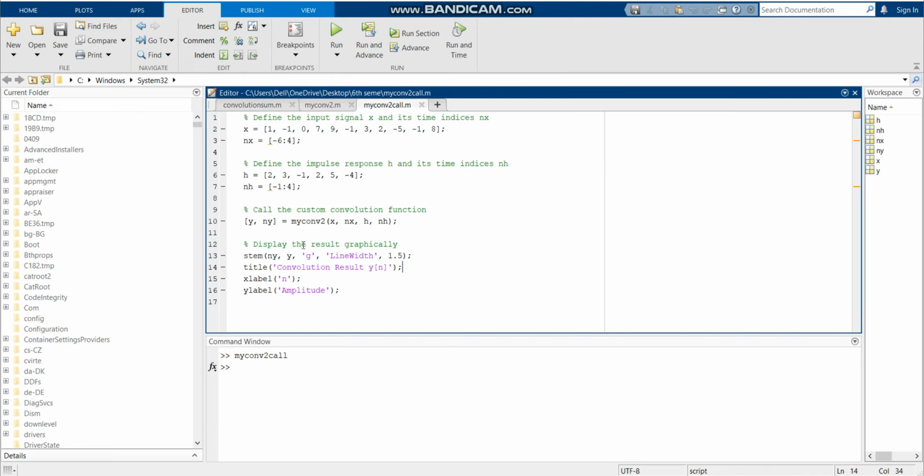The convolution result is plotted using stem with green color and a line width of 1.5. The title of the plot is convolution result y of n. The x-axis is labeled as n, representing the time index, and the y-axis is labeled as amplitude, representing the magnitude of the convolution result. Let us run the code and observe the output.